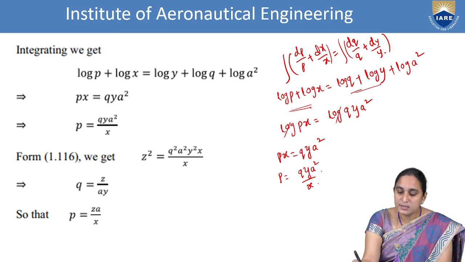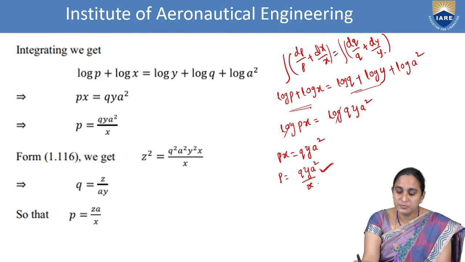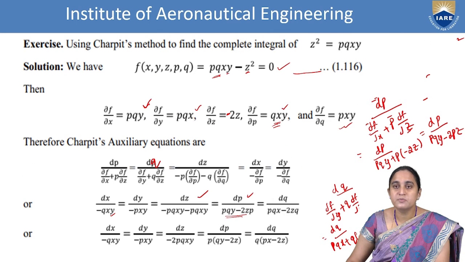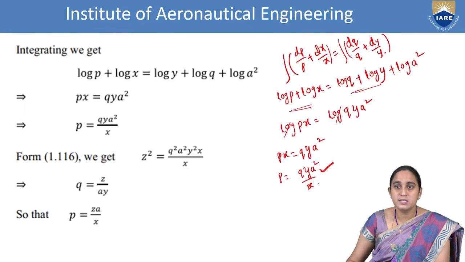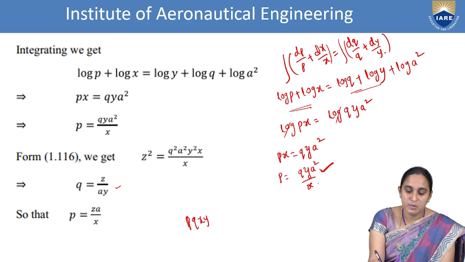From the auxiliary equation we got the p value. The next procedure is to substitute that p value in the given first equation, that is the given question. What is the given question here? That is f of xyz pq is equal to pqxy minus z square, that is pqxy minus z square is equal to 0.